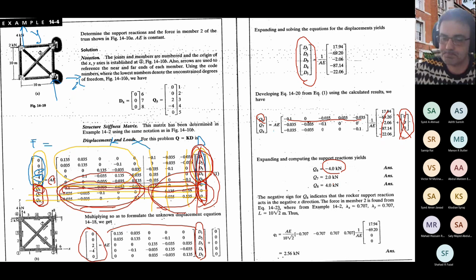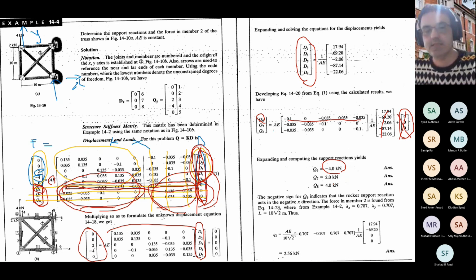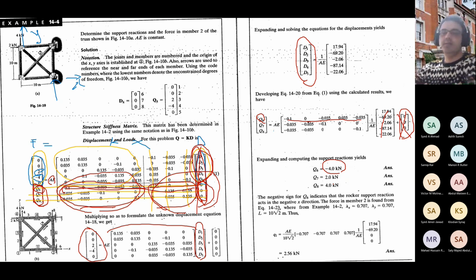Basically, we use those eliminated lines that belonged to the boundary conditions or supports, and with those we can get the support reactions, right?